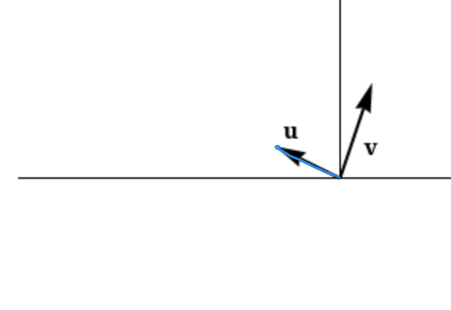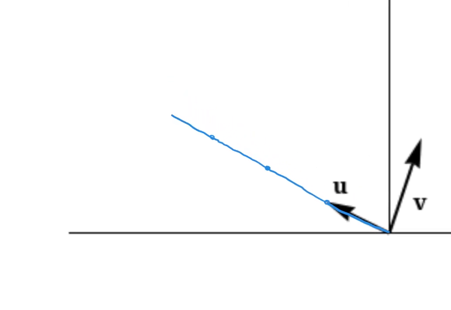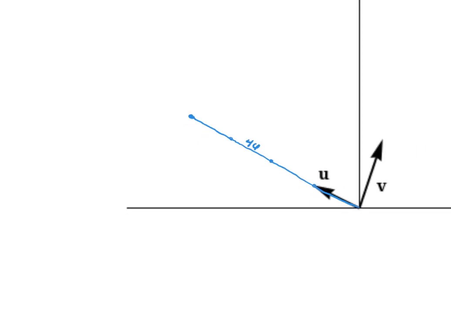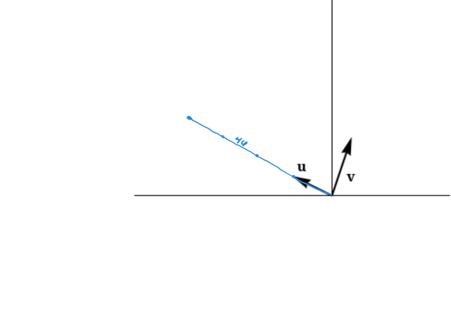So that's 1, 2, 3, 4. This would be 4u. It goes in the same direction. Its length is just quadrupled. Questions?